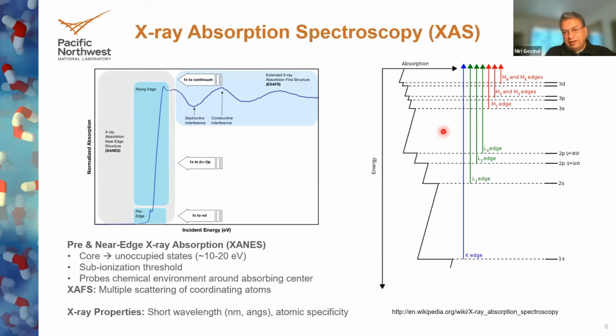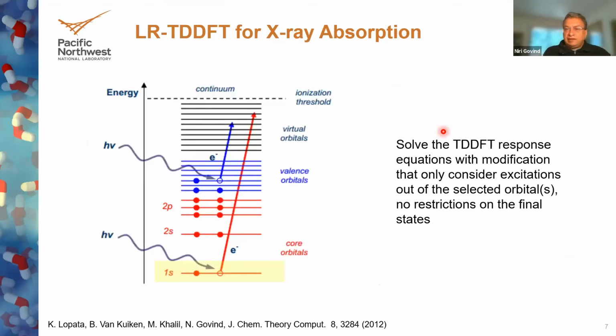So from a theorist standpoint, there is always this need to find sufficiently accurate, moderate cost methods that can be useful to interpret X-ray spectroscopies. And that's the philosophy that I follow, trying to see how much you can get with cheaper theories in principle. So the linear response TD-DFT module in NWChem can also address X-ray spectroscopies.